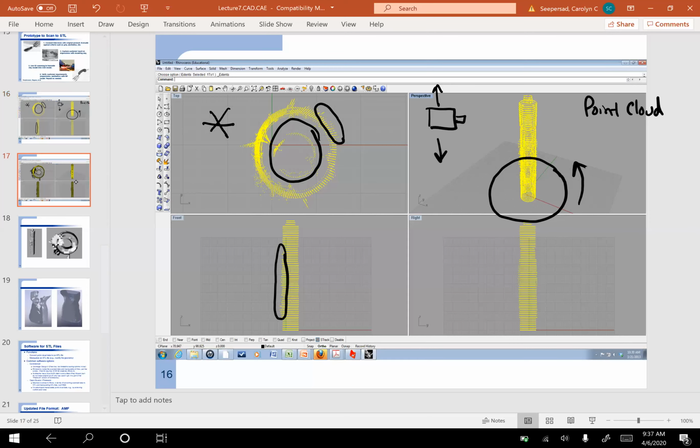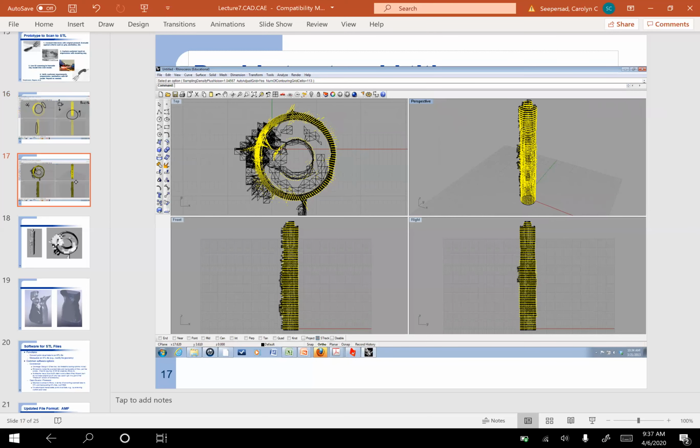So if we then try to create an STL file from those points, the most straightforward way to do it is to take those points and directly connect triangles to triangulate all those points. If we try to do that, you'll see that all the noise in this data gets converted into erroneous or noisy STL files.